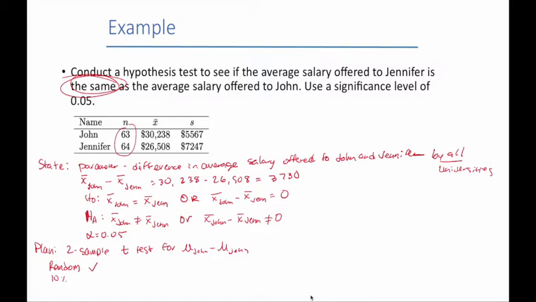And technically it's an experiment. We don't really have to check 10% for an experiment. And the large counts: n1 is 63, which is at least 30, and n2 is 64, which is at least 30.